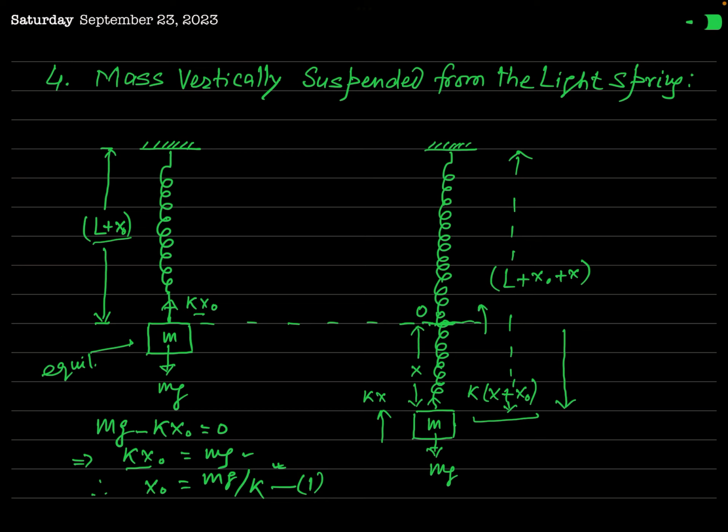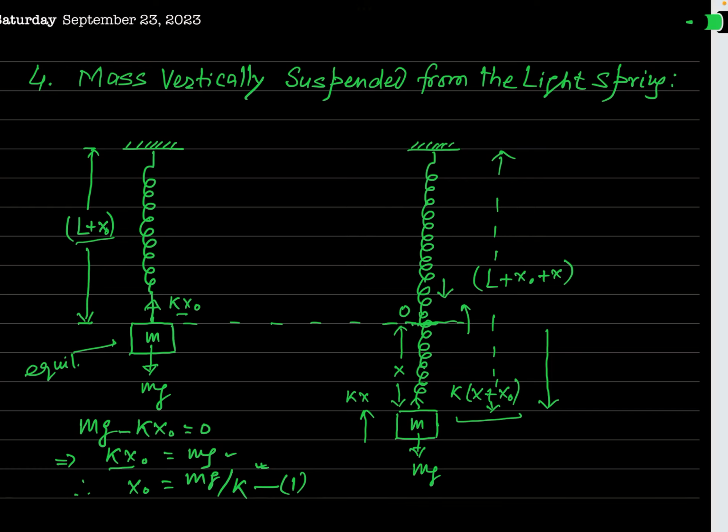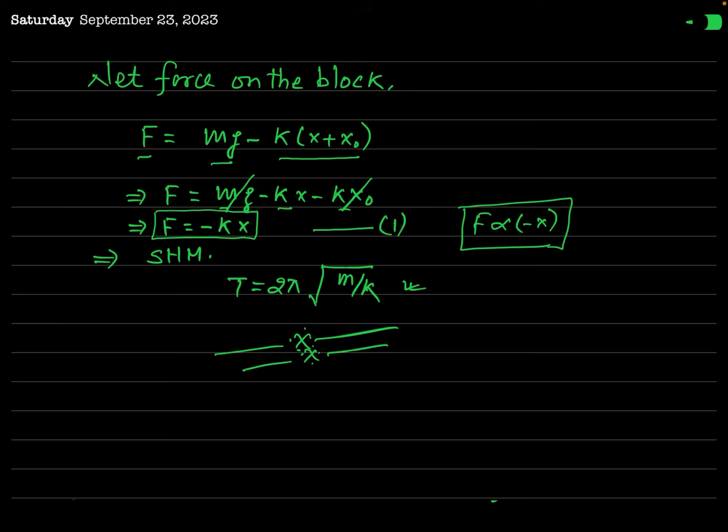When it is above this equilibrium position, the spring force will act in the downward direction, and after its velocity becomes 0, the block will return back. In this way, under the restoring force exerted by the spring, the block will oscillate simple harmonically about this equilibrium position. So I think this complete idea of a spring mass system is clear to you.